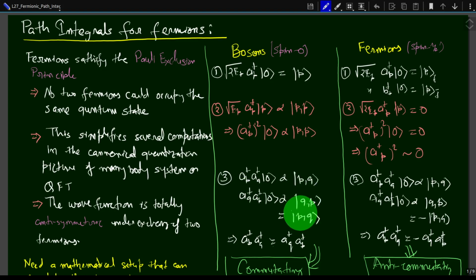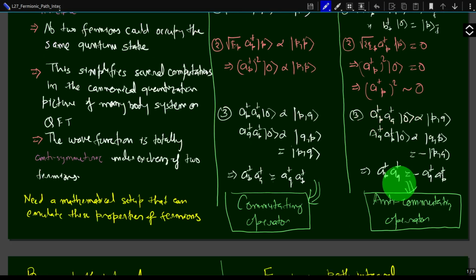Because the 2 particle state, one with momentum p and one with momentum q, will remain the same. So under exchange there is no sign change, and that is because these 2 operators commute. Now for the fermion case, as I discussed, the wave function is totally antisymmetric under any exchange of the fermions. So that is emulated over here by the anti-commutation of these operators.